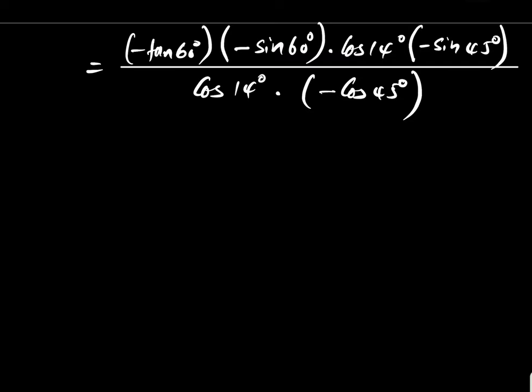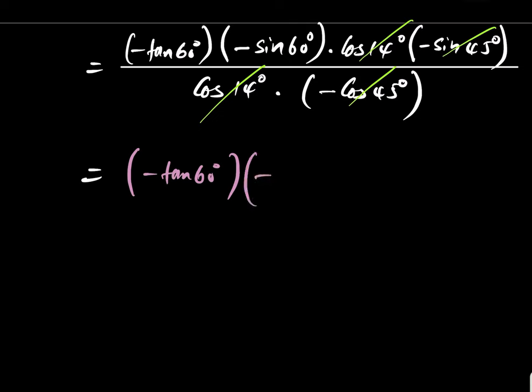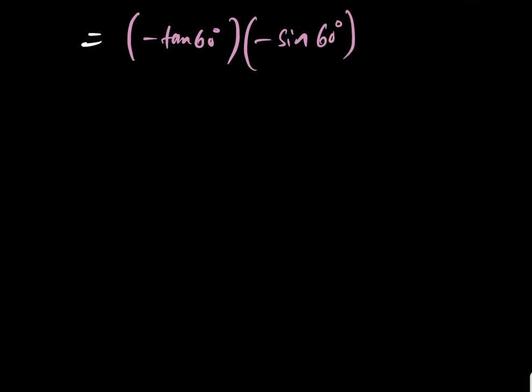And what you can do now is to simplify. Cos 14 is going to cancel with that, and this has the same value with that, so it's going to cancel with that, and then you basically have a negative tangent of 60 degrees multiplied by a negative sine of 60 degrees. And now you can really apply your special angle identities.